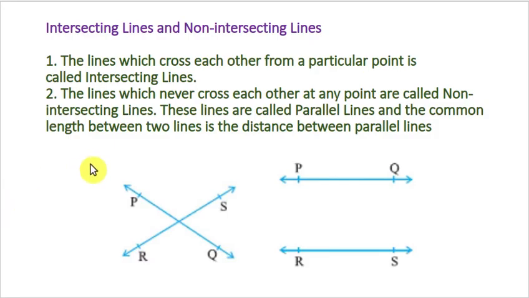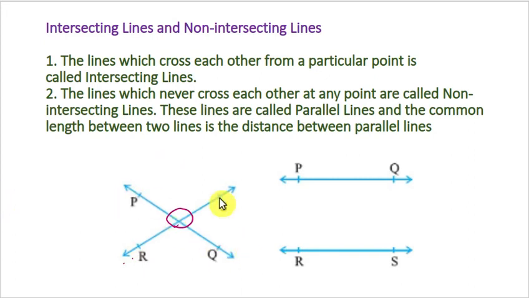Next, intersecting lines and non-intersecting lines. There are two lines, PQ and SR. The lines which cross each other at a particular point are called intersecting lines.